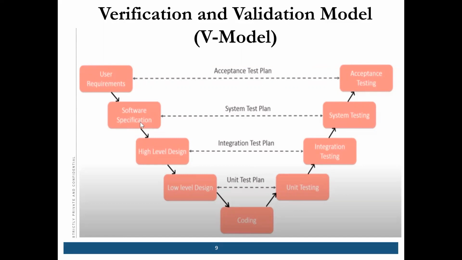When there is a software specification, you are done with the system test cases. When high level designing is done, you are done with your integration test cases writing, and so on. When the coding is done, you are ready with your unit test cases and you are now executing them, correct?